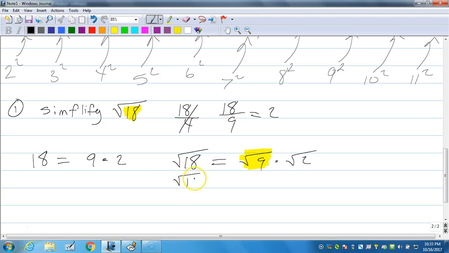So the square root of 18 is equal to, square root of 9 is 3 times the square root of 2. And then they just write this to be 3 square root 2.